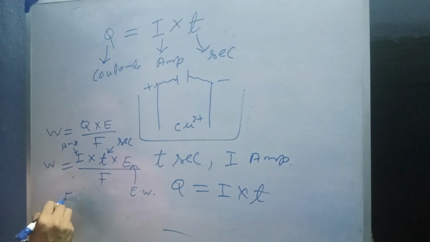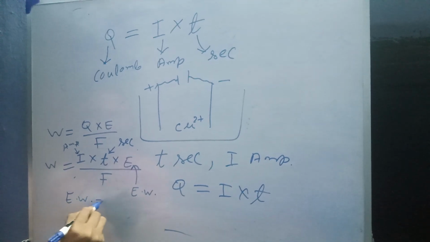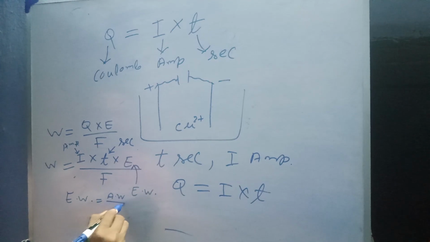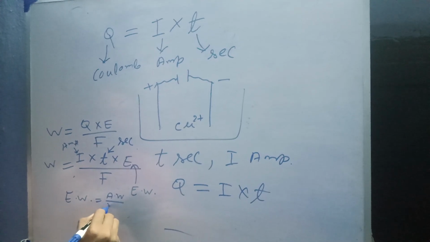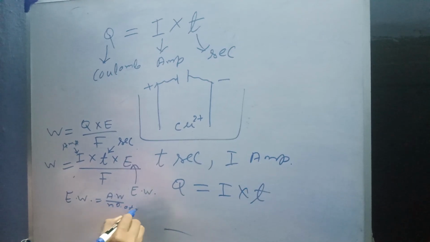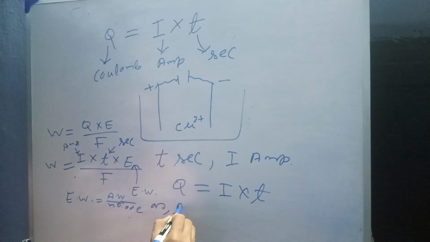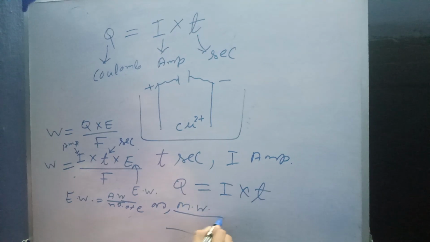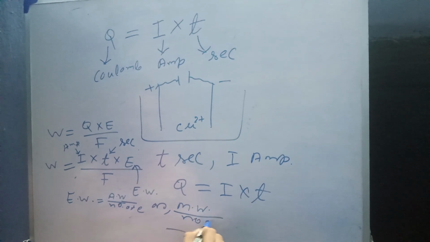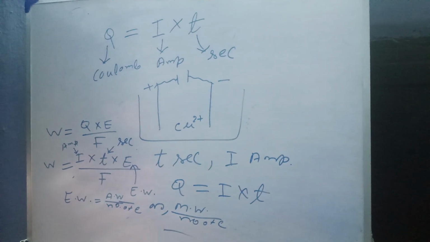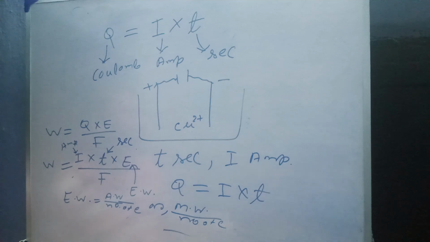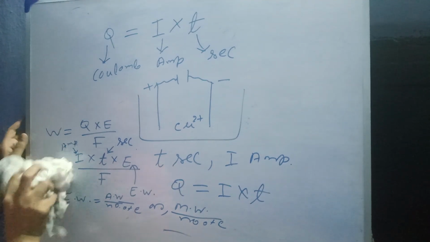Equivalent weight is equal to atomic weight by number of electrons transferred, or in the case of a molecule, molecular weight by number of electrons transferred. So based on this we solve some numerical problems.